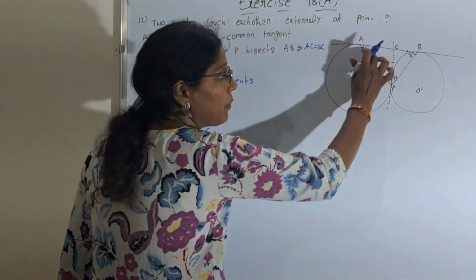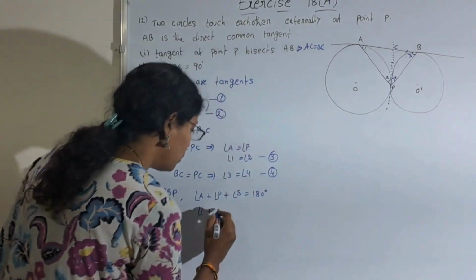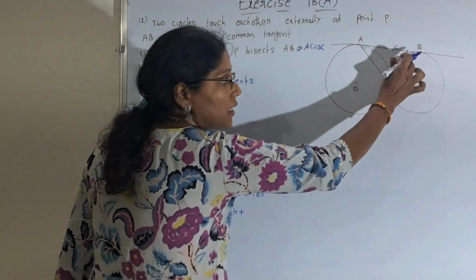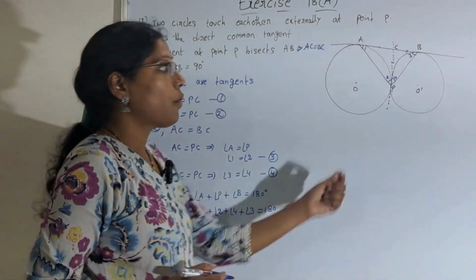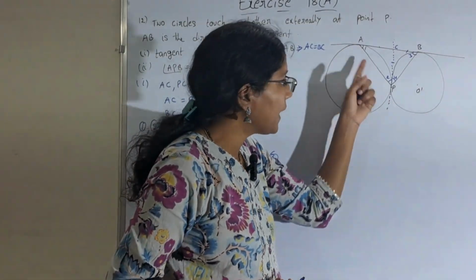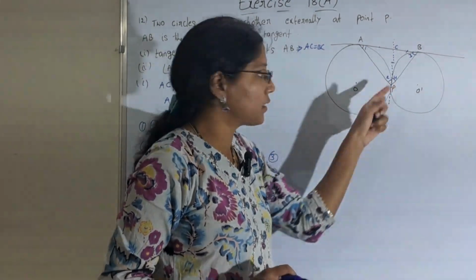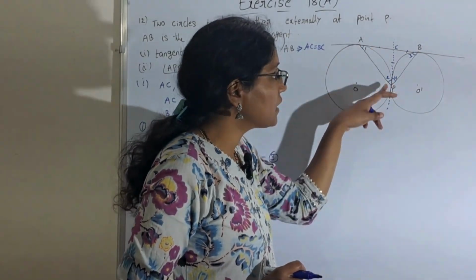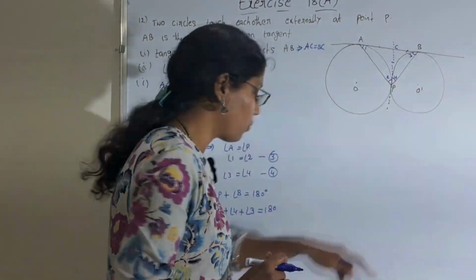Here angle A means angle 1, plus angle P means angle 2, plus angle B means angle 3, is equal to 180 degrees. Here what do we have to prove? Angle APB, so angle P we have to prove is 90 degrees. So angle 2 plus angle 4 only we need. Instead of angle 1 we have to write angle 2, and instead of angle 3 we should write angle 4.